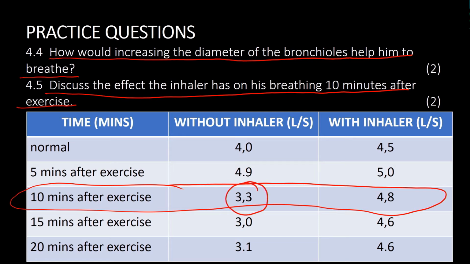Without the inhaler, he can breathe in 3.3 liters per second, whereas with the inhaler, he can breathe in 4.8 liters per second. That's a third more with the inhaler. And that's obviously why he uses the inhaler, to enable him to play his sport.